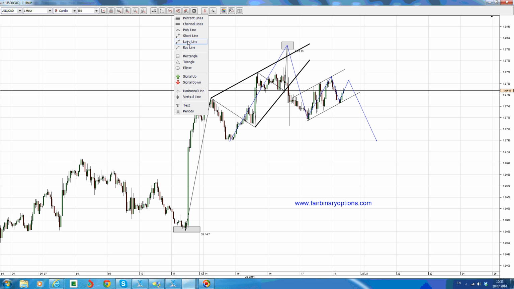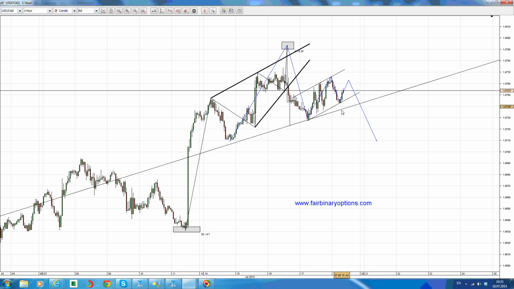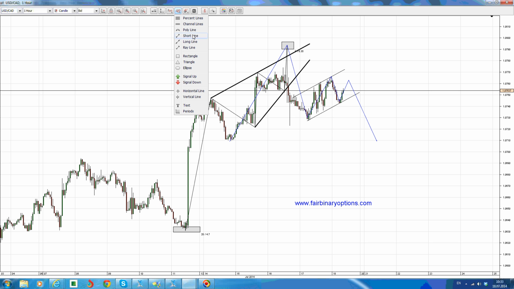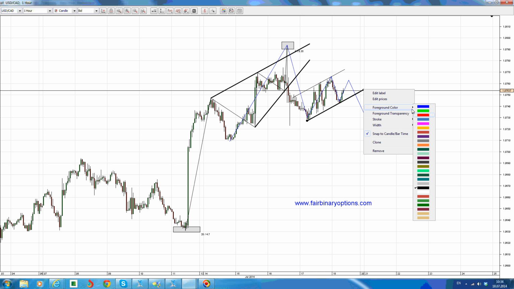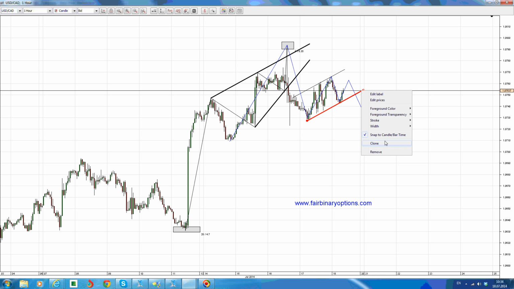What would be the triangle? Well, the triangle should look like this from the B to D trend line. Sorry, not like that. So from the B to D trend line, from here to here, and of course from the A and C trend line.